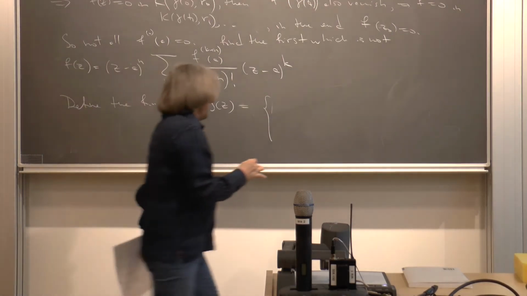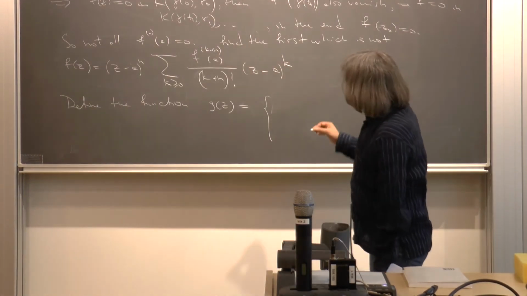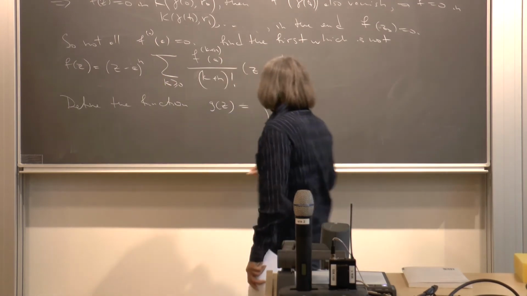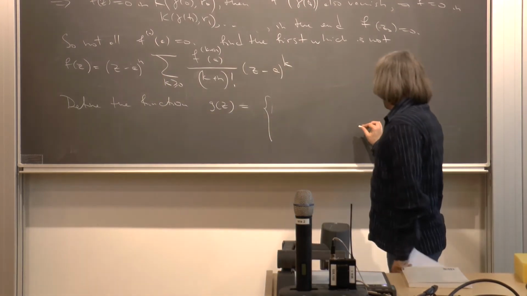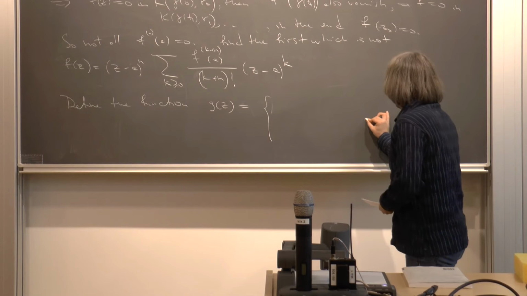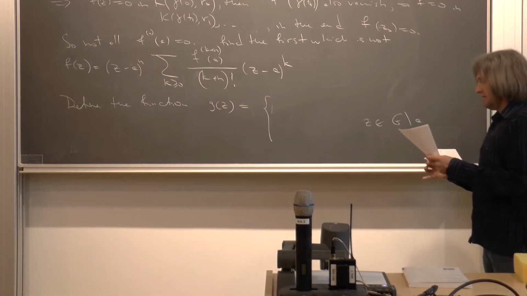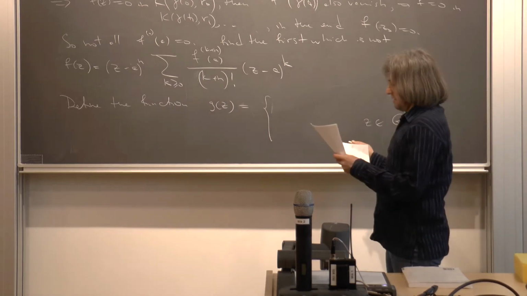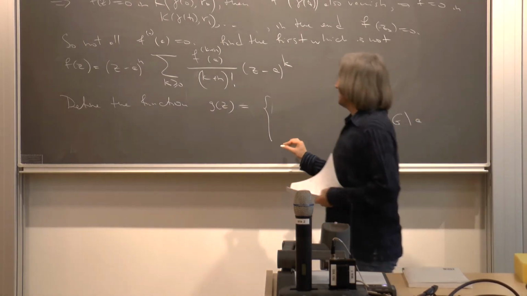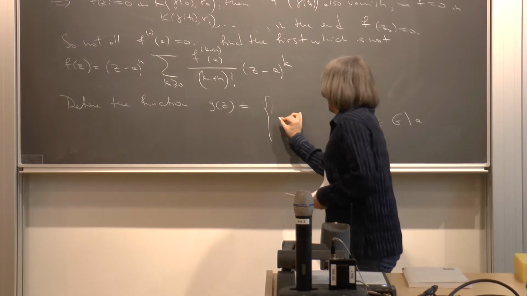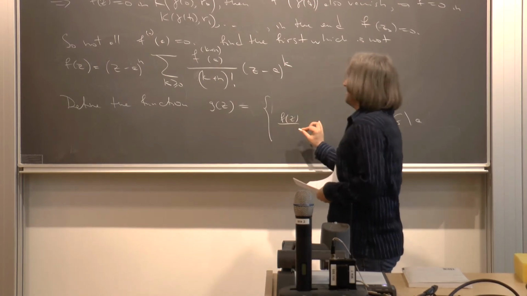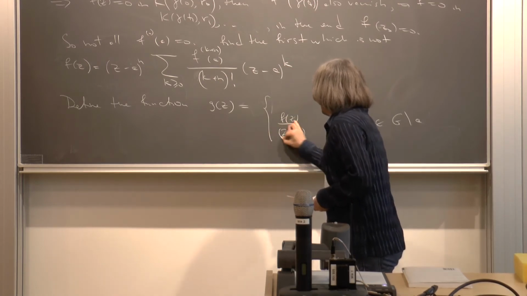So first of all, outside of the point a, I can just divide. So when z is in G without a, I can simply define g of z as f of z divided by z minus a to the n.